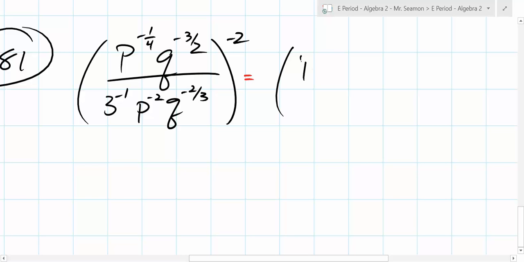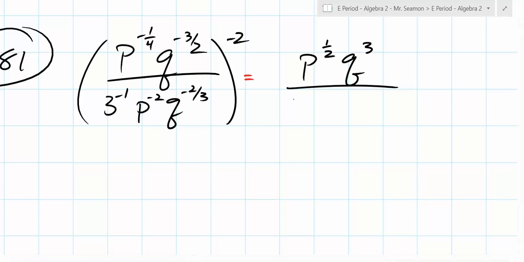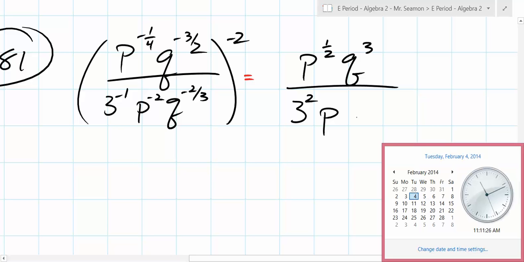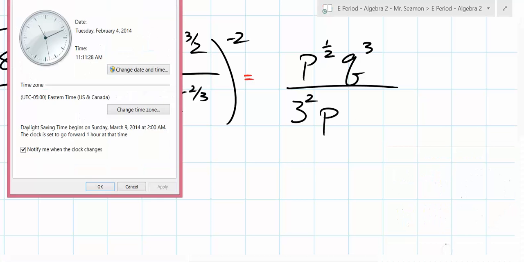So we end up with p to the what power? 1/2 power. Oh, that's close enough. Yeah, 1/2 over q to the 3rd. Thank you. Over what? 3 to the what? 3 to the 2nd power. P to the what power? 4th power.